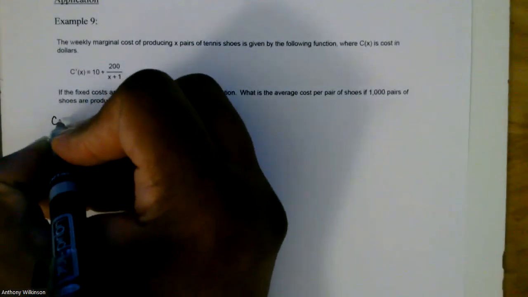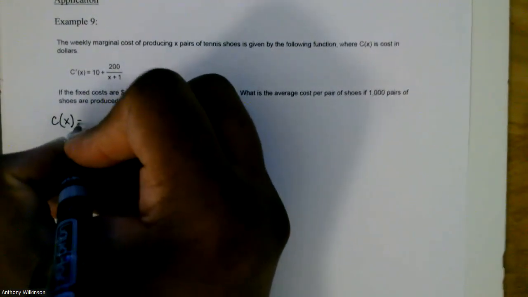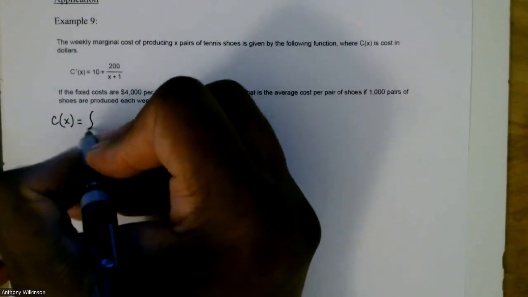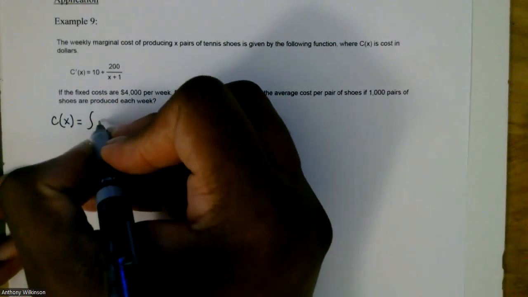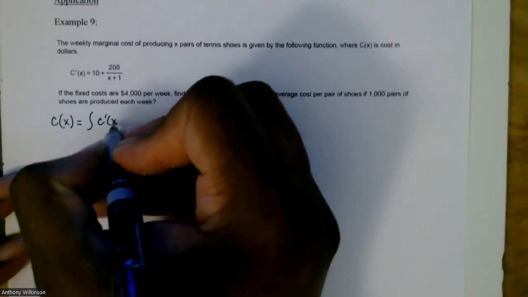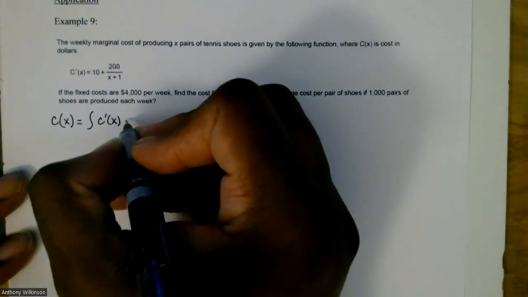Okay, so the first thing I need to do here, this is what C prime of X is. So to find the cost function C of X, I have to take the integral of C prime of X dx.